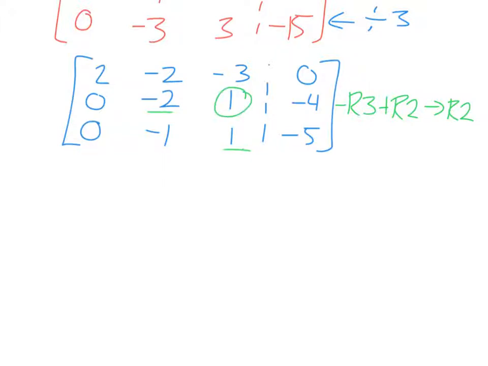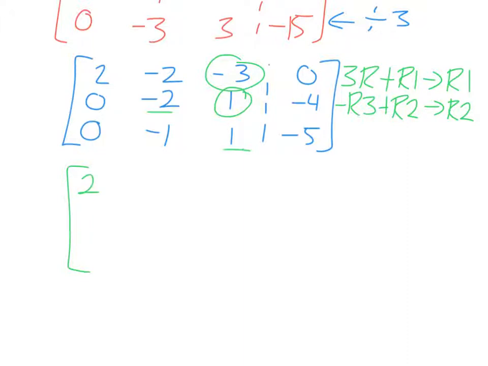And if I do 3 times row 3 plus row 1 to replace row 1, that'll get rid of that 0. So in doing that, we got 0 plus 2 is 2. We got 3 times negative 1 is negative 3, plus negative 2 is negative 5. And we get 1 times 3 plus negative 3 is 0. Then we got 3 times negative 5 is negative 15, plus 0 is negative 15.